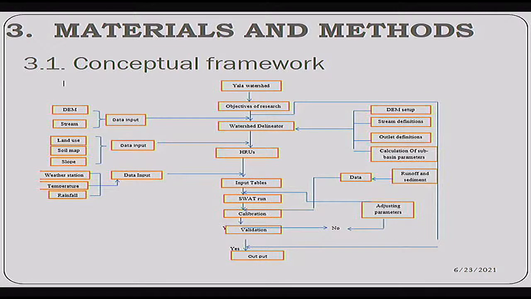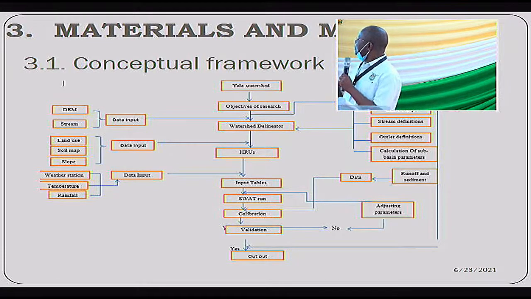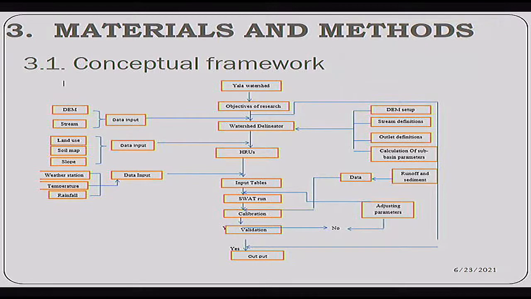The research is divided into 3. In the first case, the model requires data: the digital elevation model, the stream flow, land use, soil, slope, weather, temperature, and rainfall. All this information can be gathered from our local national bodies, except the digital elevation model, which is normally downloaded from the USGS.